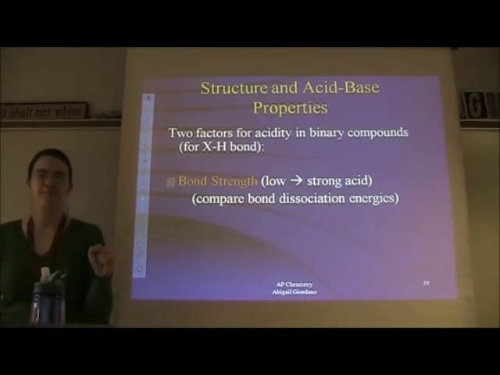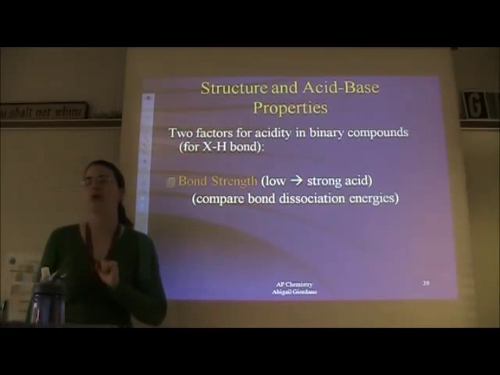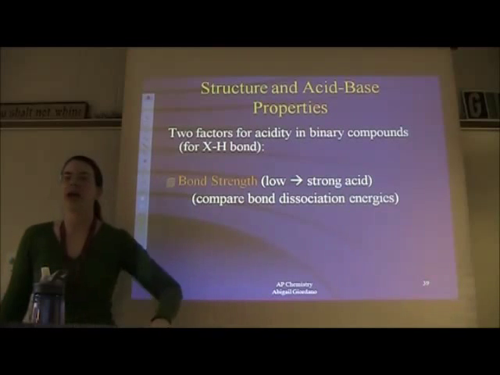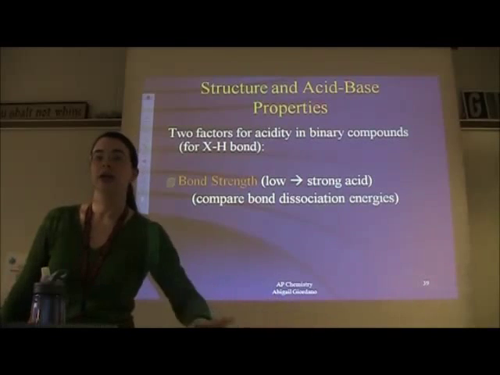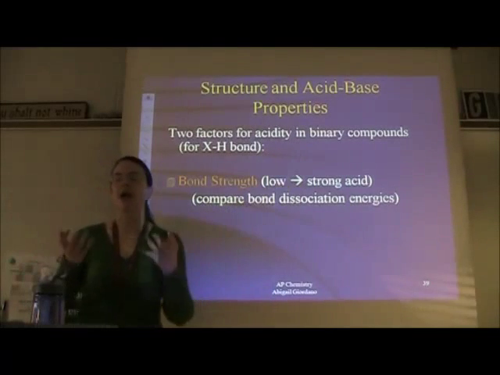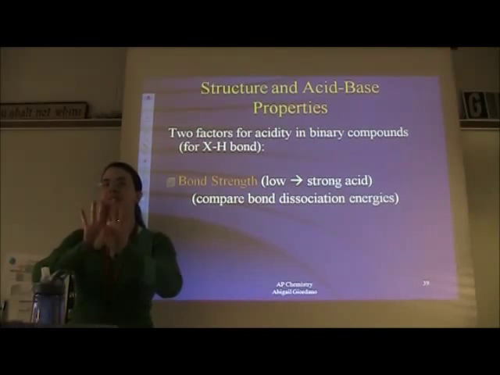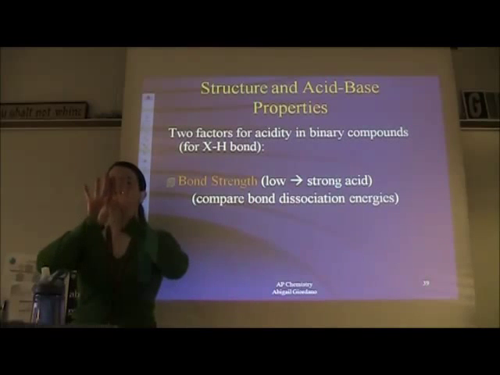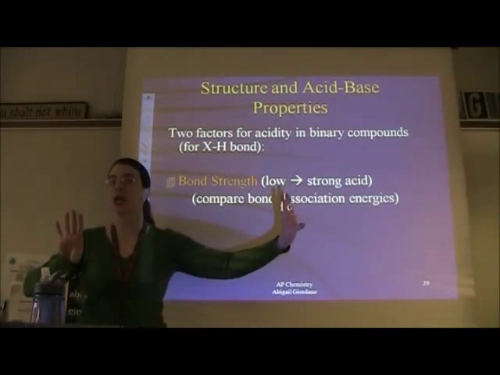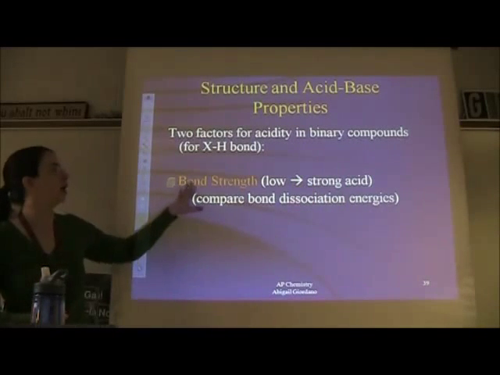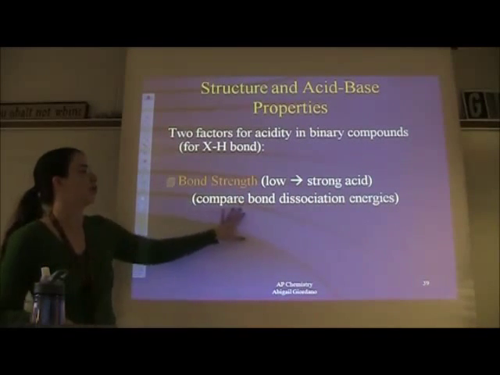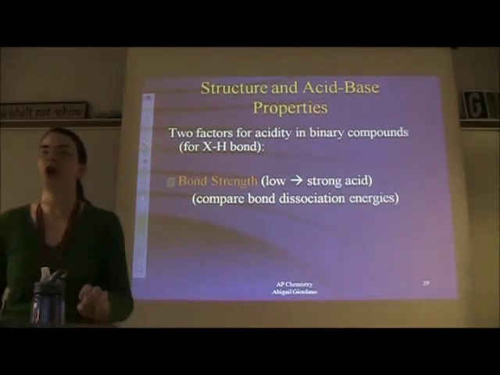Let me say that again. Strong acids and strong bases are strong because the bond holding them together is relatively weak, easily pulled apart. Their bond strength is low. Their bond energies are low.